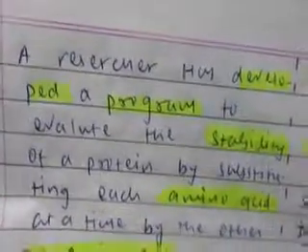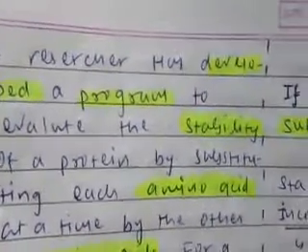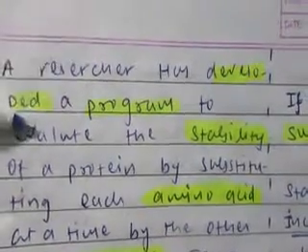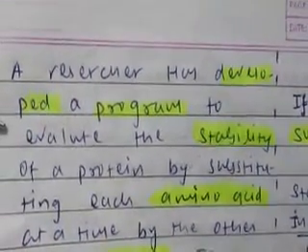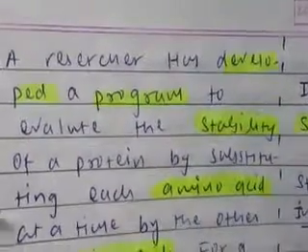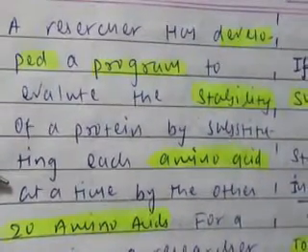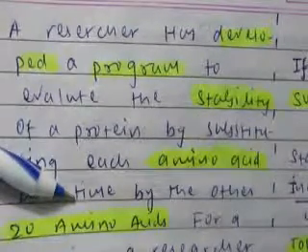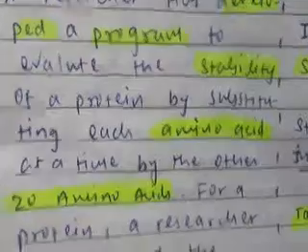In this problem we'll try to understand the concept of stability profiling of different forms of amino acids. Here a particular program is developed to evaluate the stability of proteins by substituting each of the amino acids, one at a time, by the other 20 amino acids.